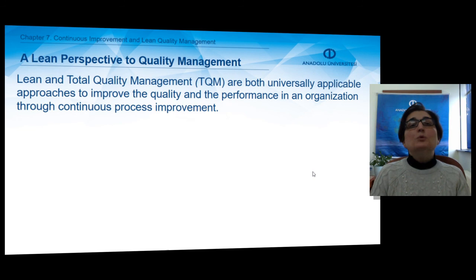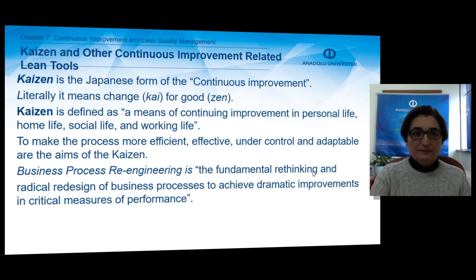Lean and total quality management are both universal, applicable approaches to improve the quality and performance of organizations. For what? For continuous improvement.